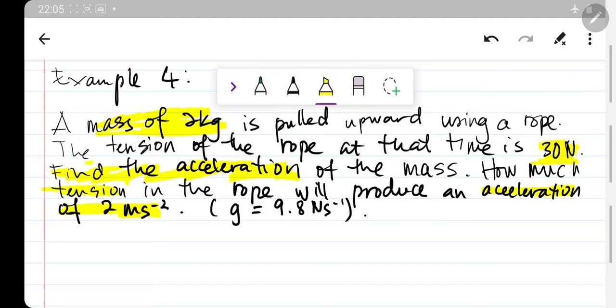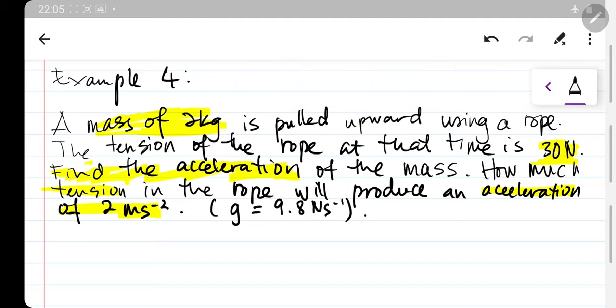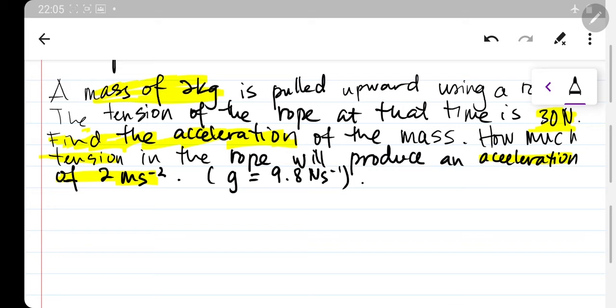So now we need to draw a diagram to picture this problem. Let's say this is a pulley, and there's a string pulling that side. From the question we know it is 30 Newton, so we write 30 Newton.